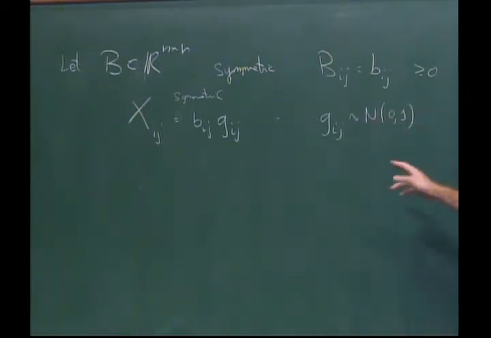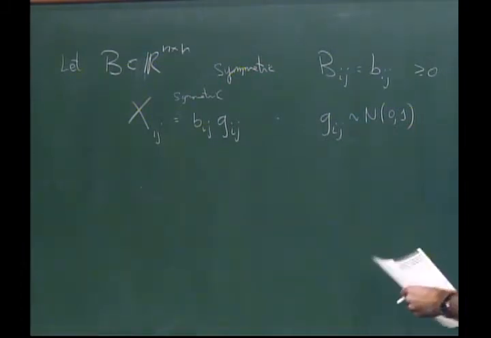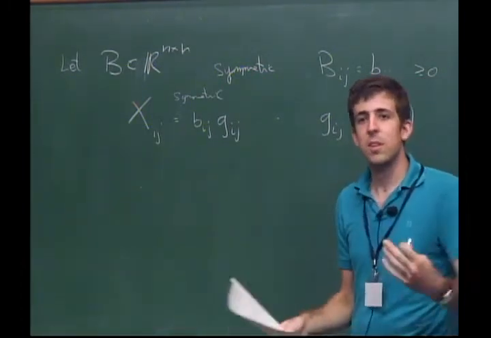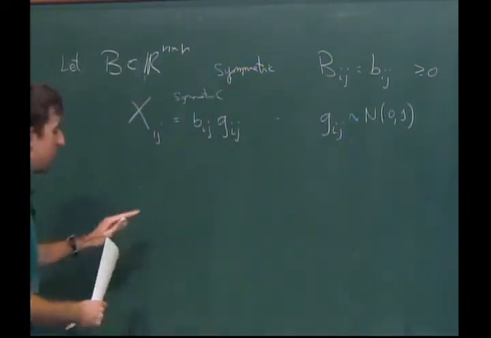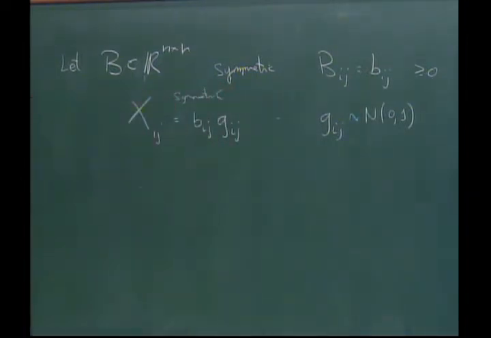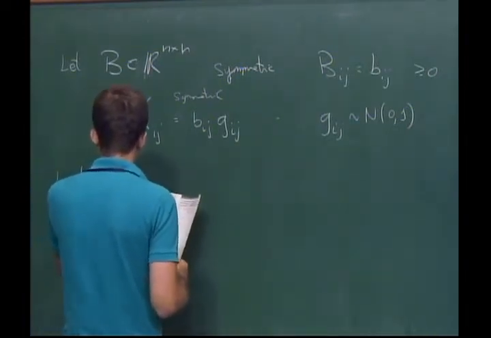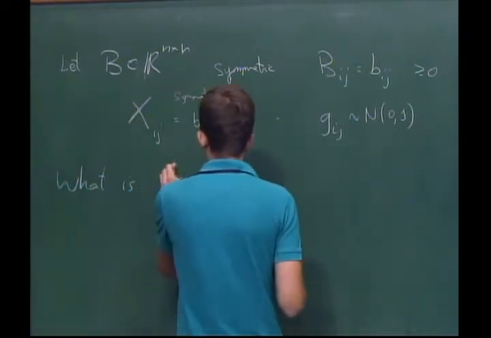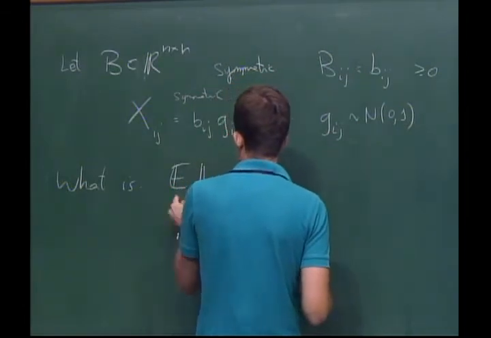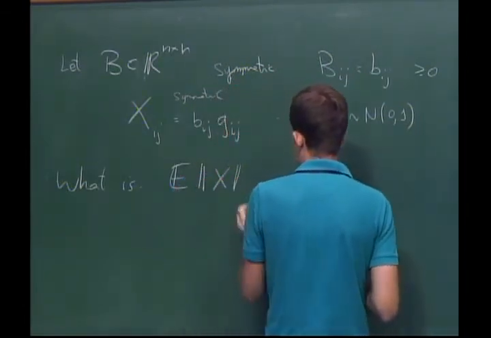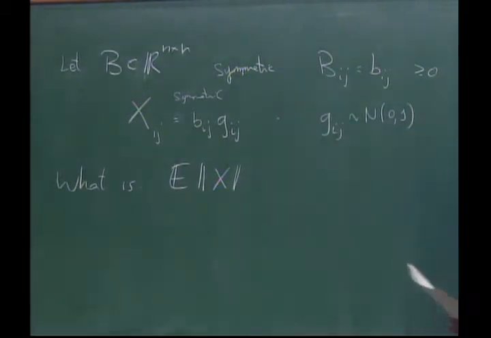It's symmetric, so g_ij is the same as g_ji. The question that both today's talk and the one on Thursday are about is to understand the expected value of the spectral norm of X. By spectral norm I mean the largest eigenvalue in absolute value.